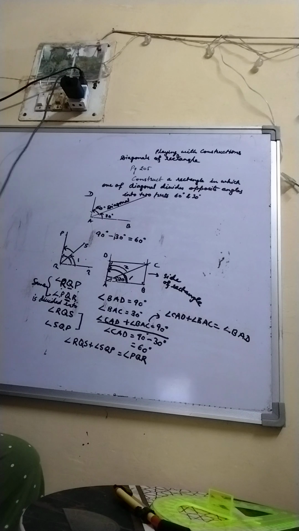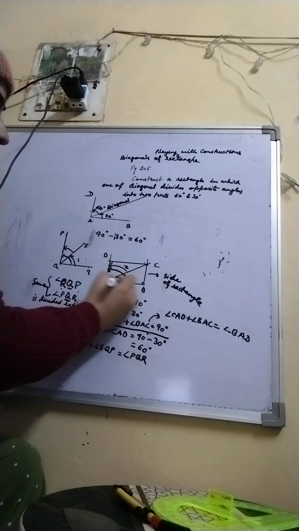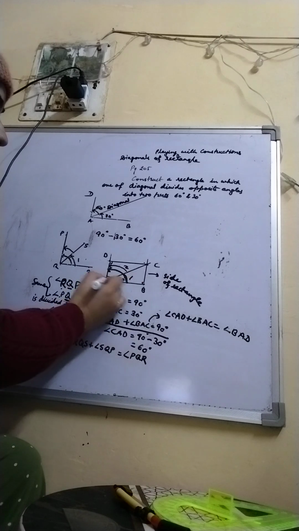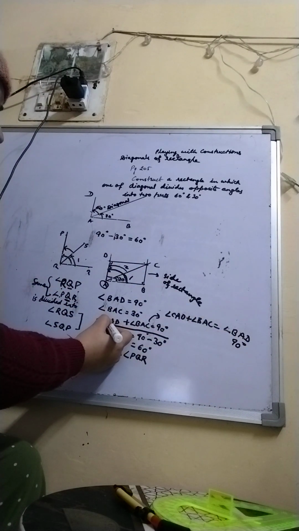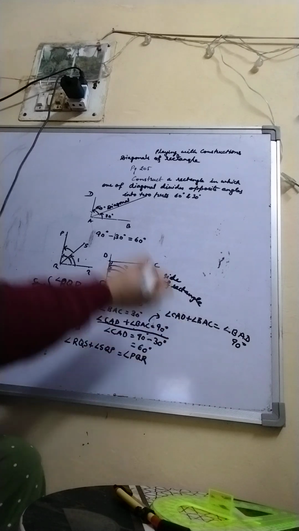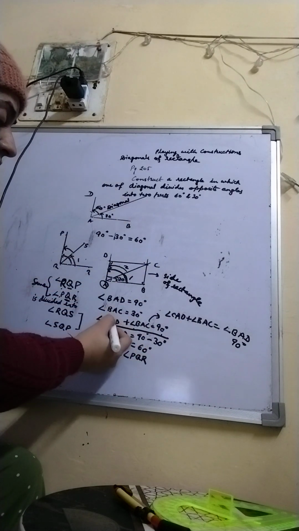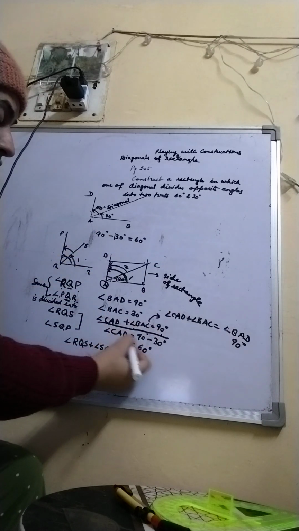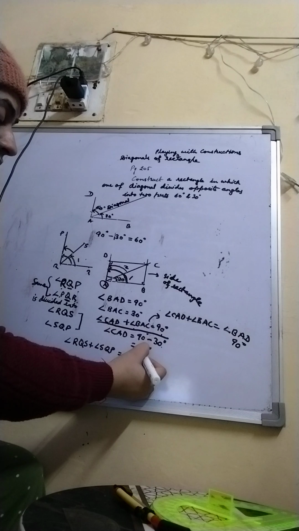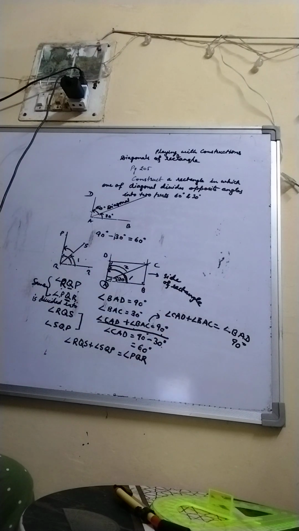This is the full angle. And what is the measure of BAD? A is the vertex. It is 90 degrees. Therefore, CAD plus BAC becomes equal to 90 degrees. We wrote that one of the angles, BAC, is 30 degrees that we have drawn. So it is 90 degrees minus 30 degrees, that is 60 degrees. You get the measure of CAD.